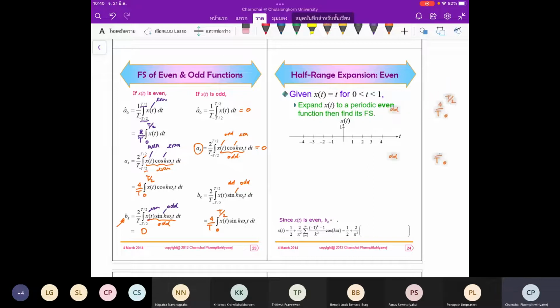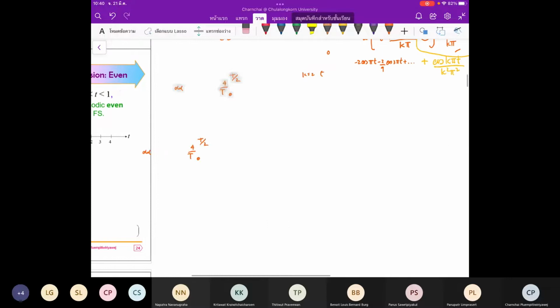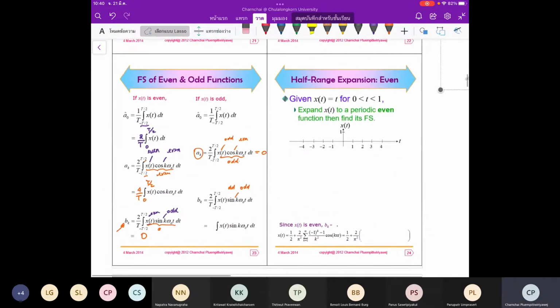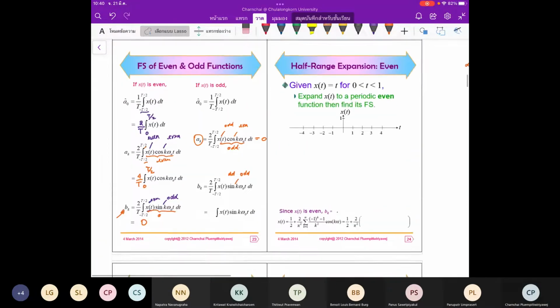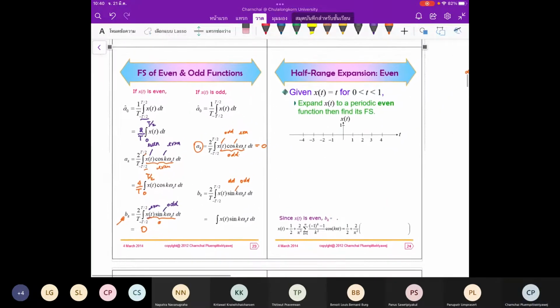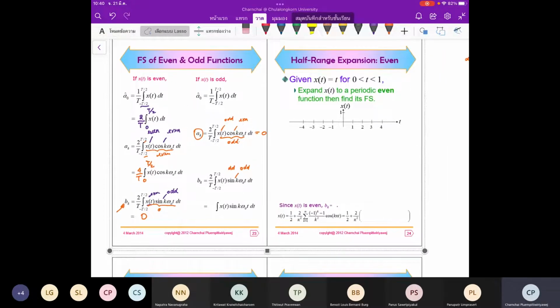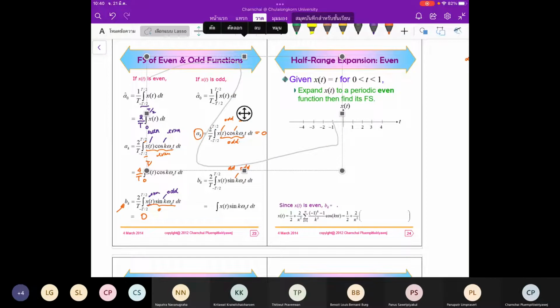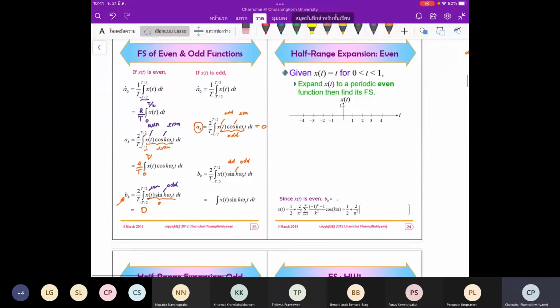Move it over somewhere. Huh? How come it didn't move? How come I cannot move this?